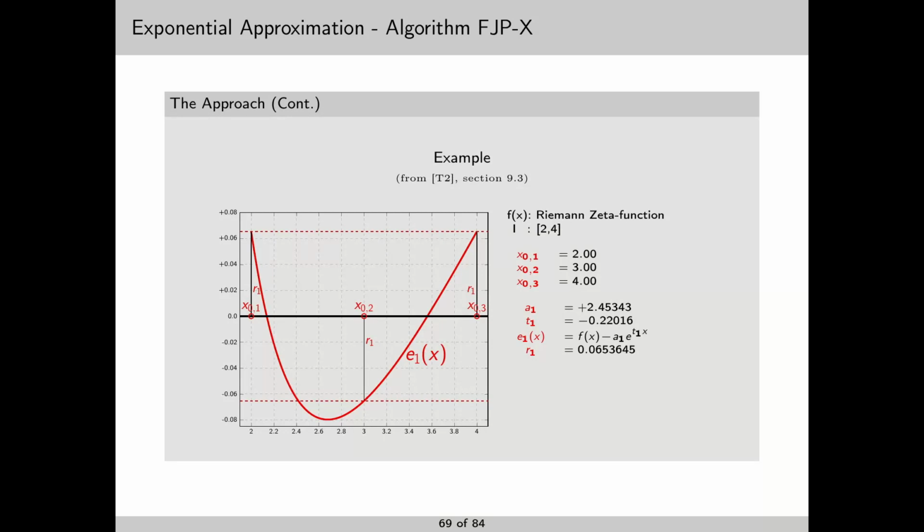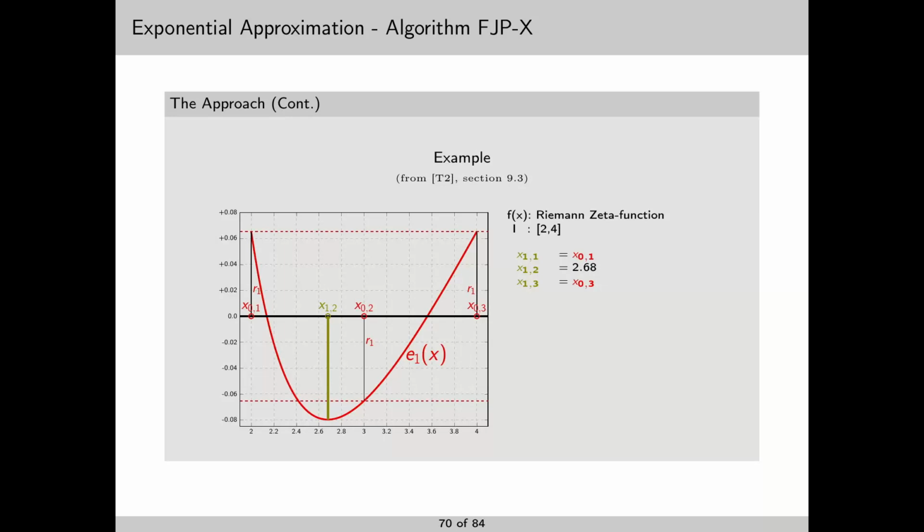To start iteration, these equidistant points have been chosen as set x0. With these points, equations 2 give us these coefficients a1 and t1, and this is the associated error function e1. R1 is the absolute value of the error function at these points.